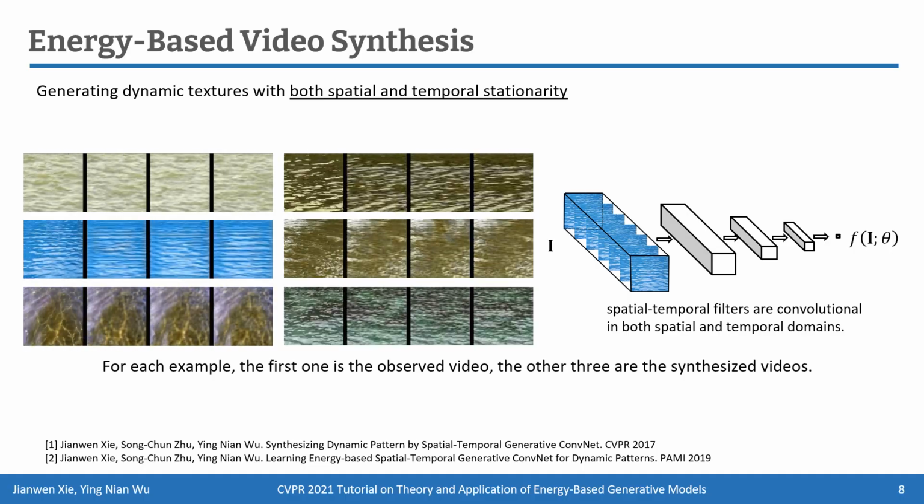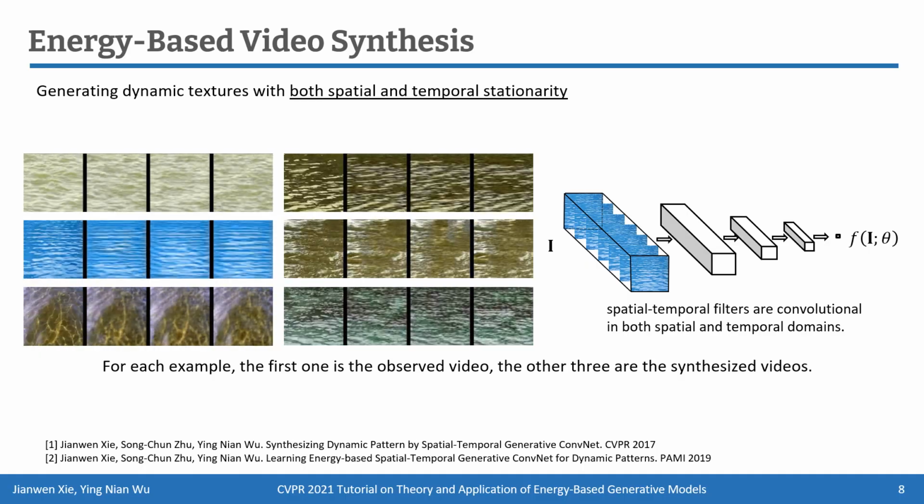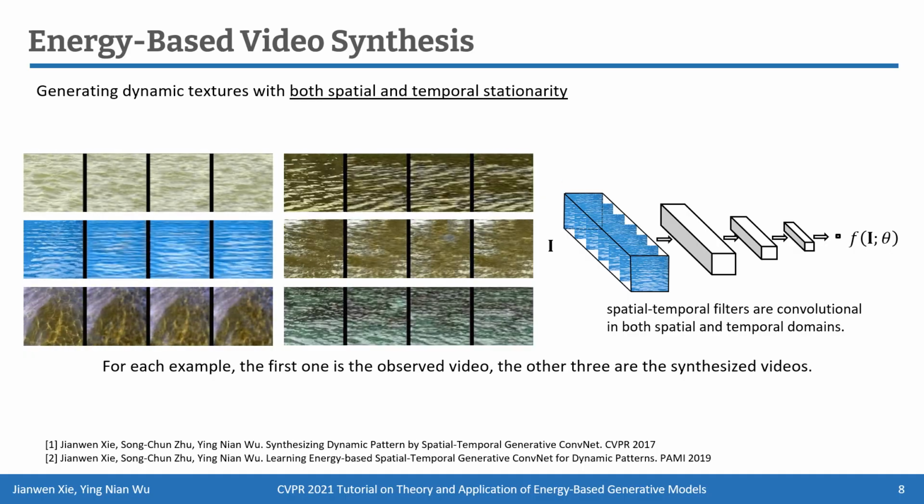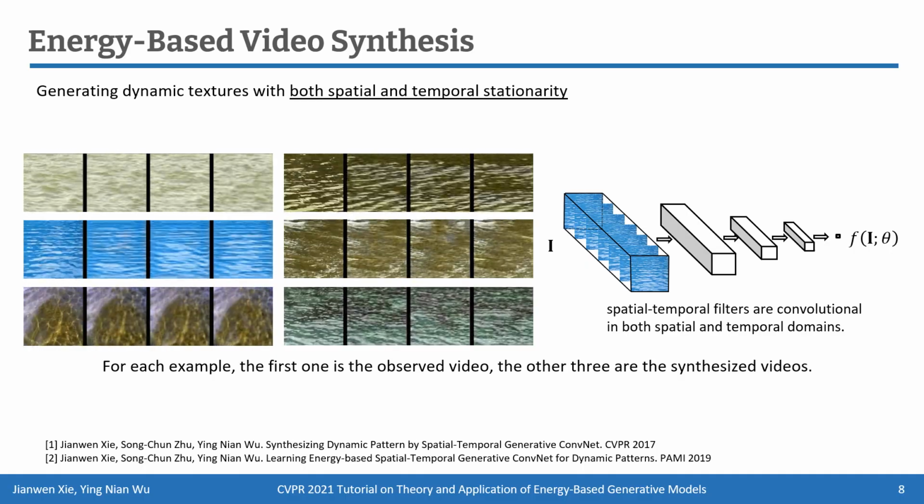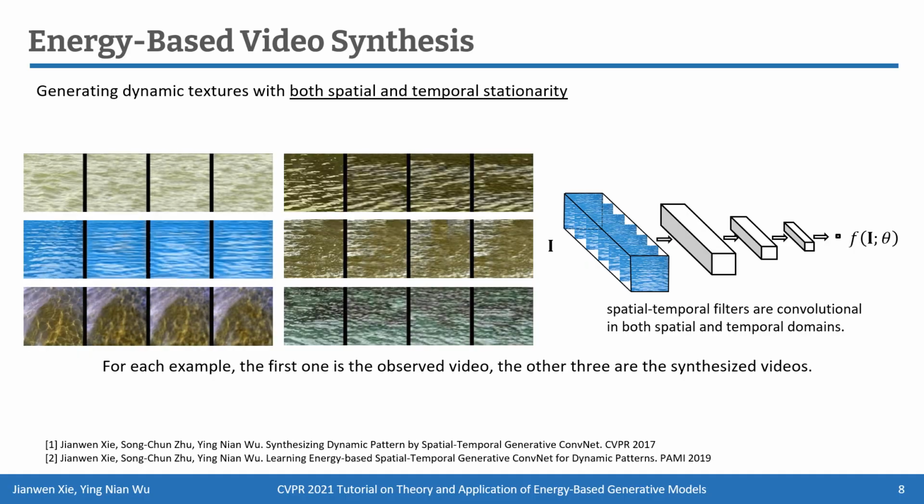Here, we have some synthesis examples generated by the energy-based model that used 3 layers of spatial-temporal convolutions with nonlinearity and subsampling. For each example, the first one shows the observed video, and the other 2 are generated by long-run sampling from the learned model.